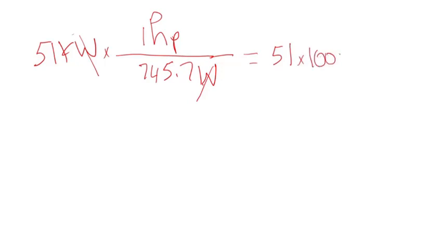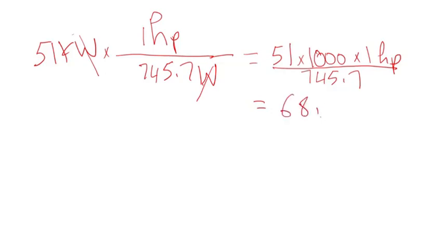So 51 times 1,000 times 1 horsepower, divided by 745.7. If I carry out the calculation, I get 68.4 horsepower.